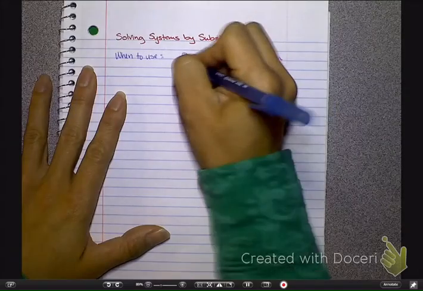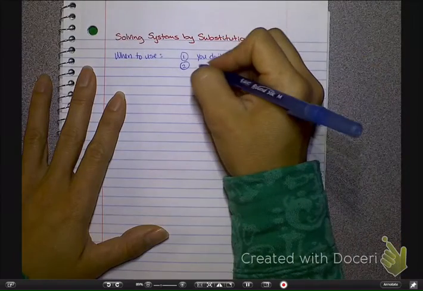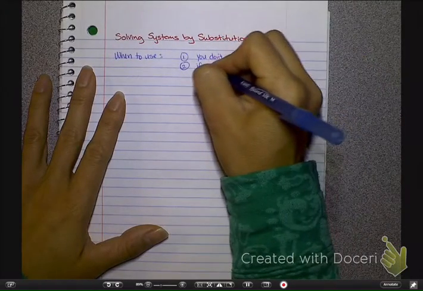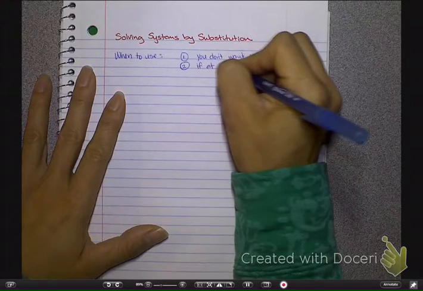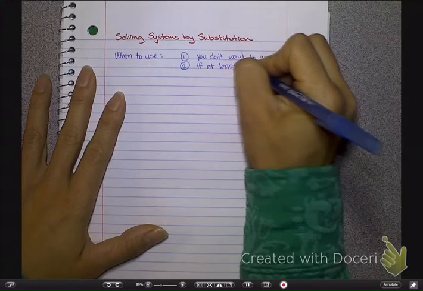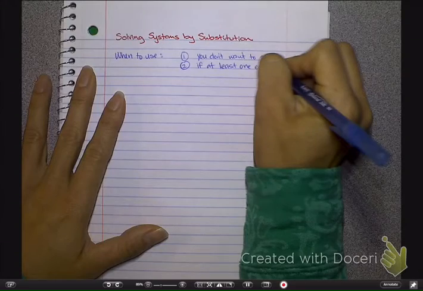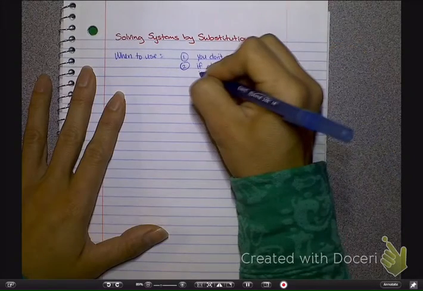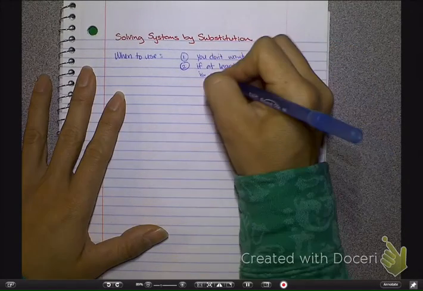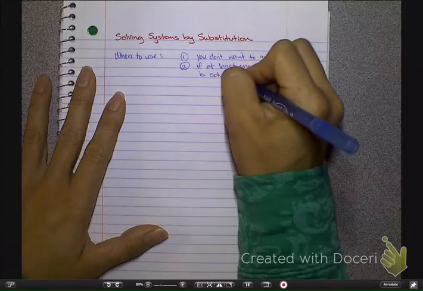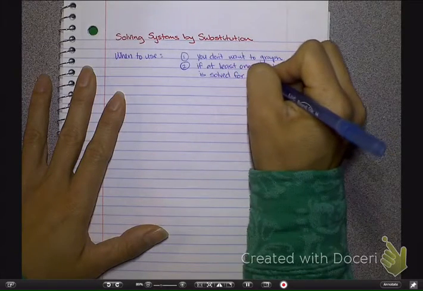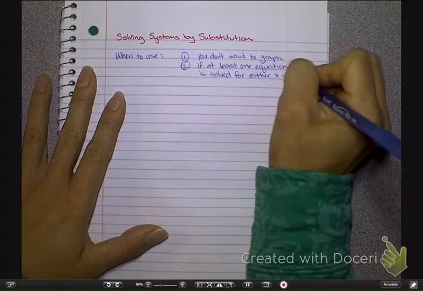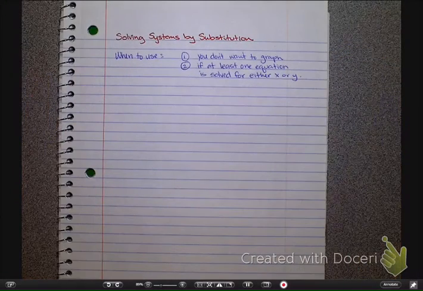And two, you would typically use this method if at least one equation is solved for either x or y. Okay, so these are the situations where you would use this method.